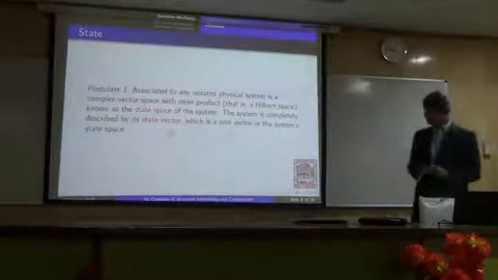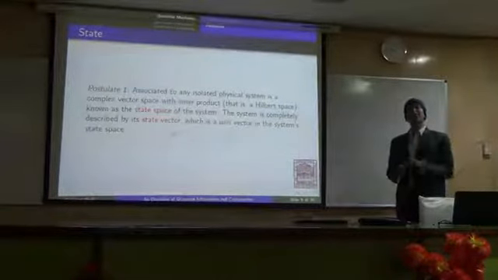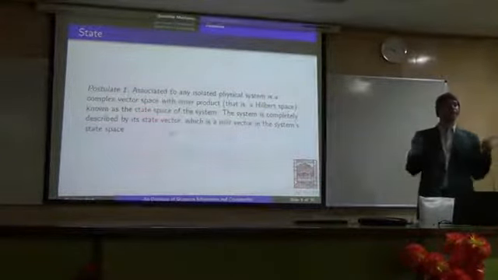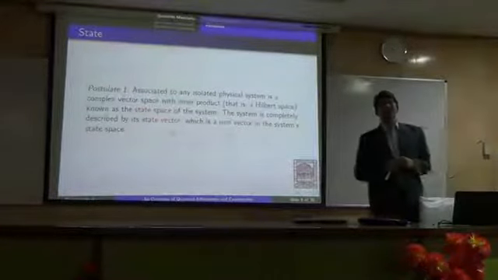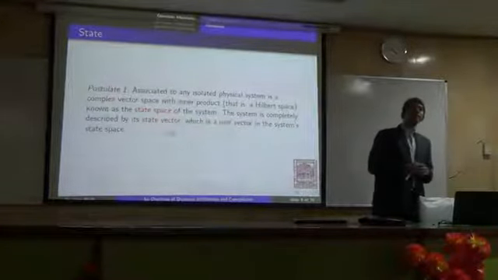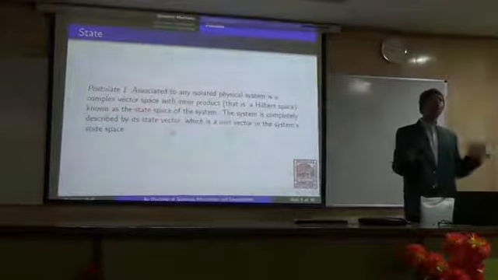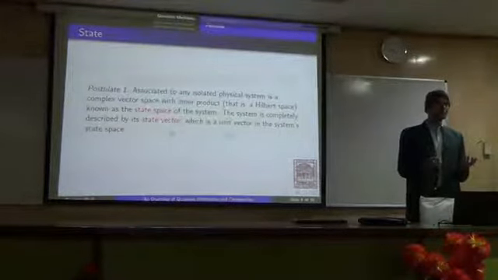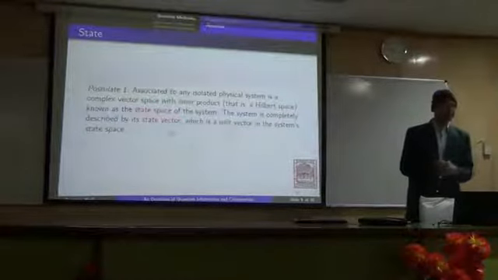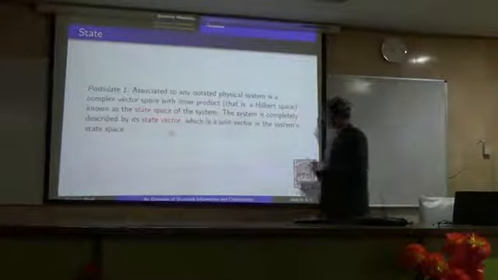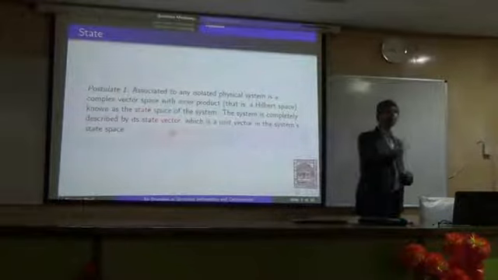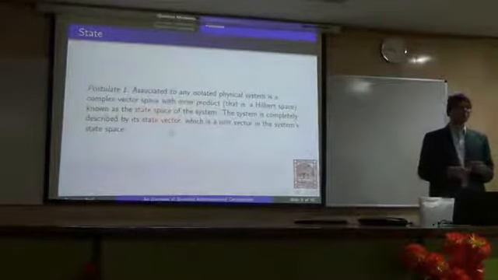Any state is mathematically represented by a vector. And what kind of vector? A vector, we know, is nothing but an ordered tuple of scalars. Here the scalar happens to be a complex number.